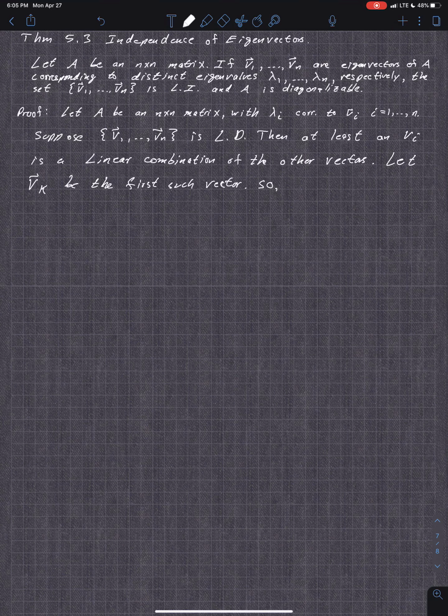So v sub k is equal to a linear combination of the vectors up to k minus 1: d1 v1, etc., all the way to d sub k minus 1 v sub k minus 1, where we use d for our constants. And the set v1 to v sub k minus 1 is linearly independent.